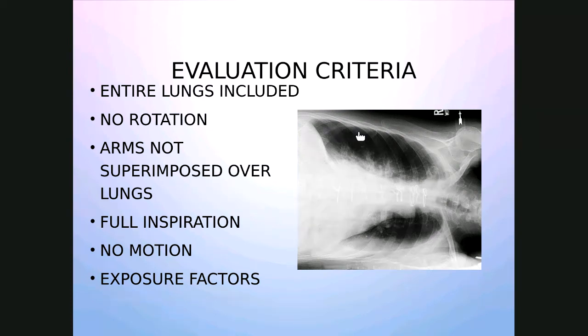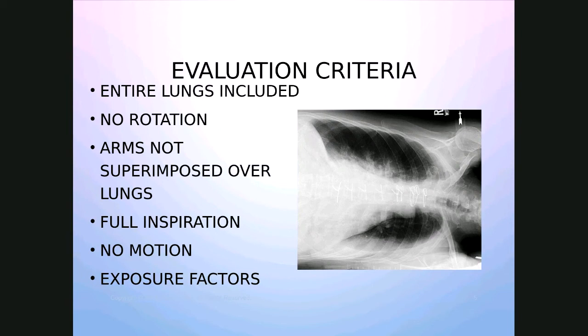You can see there's all air on this side, but when they roll and do the right lateral decubitus, it is possible you might visualize fluid in that lung. But this definitely is a fluid level in this left lung, beginning right here.